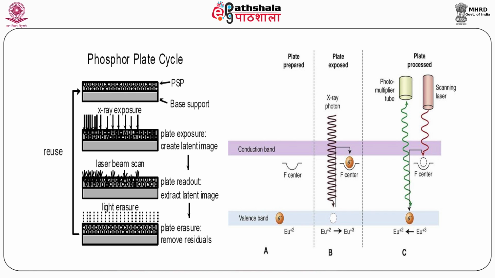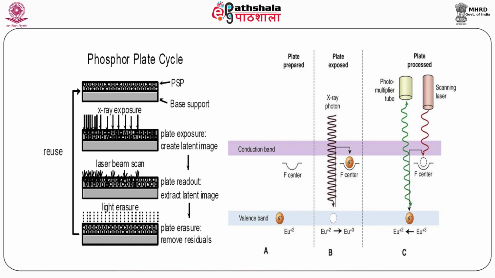The steps are: during the unexposed stage of the IP plate, the electrons are in the lower energy state, that is, in the valence band. When X-ray falls on the imaging plate, during exposure photoelectric interaction takes place and the absorbed energy excites the electrons associated with europium.